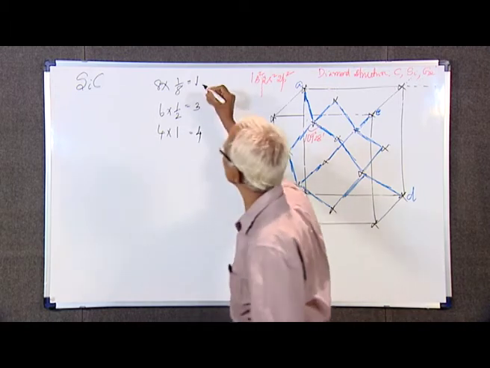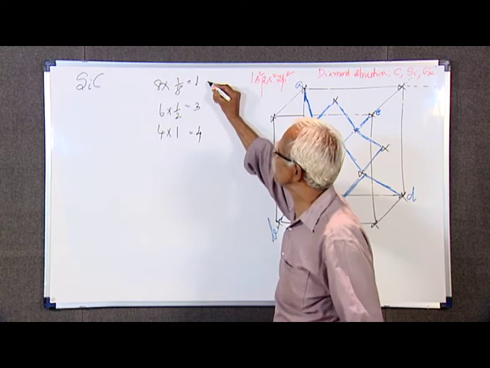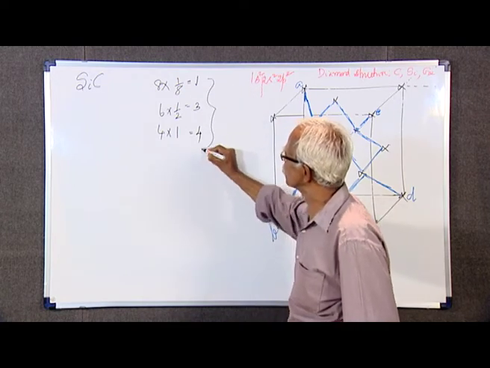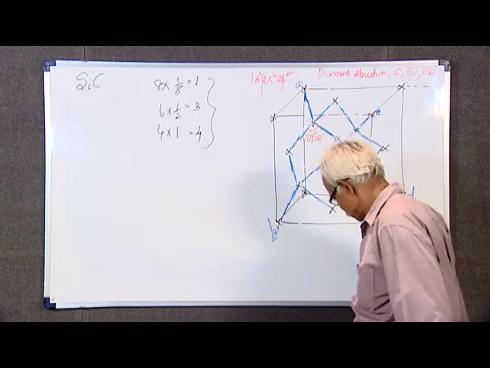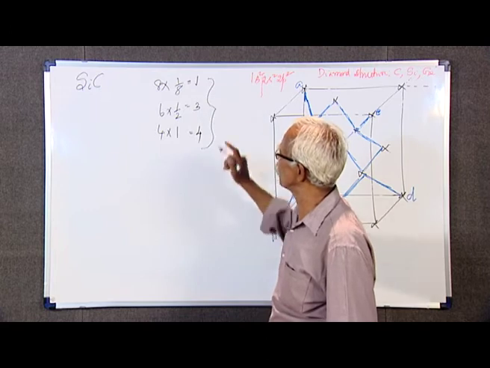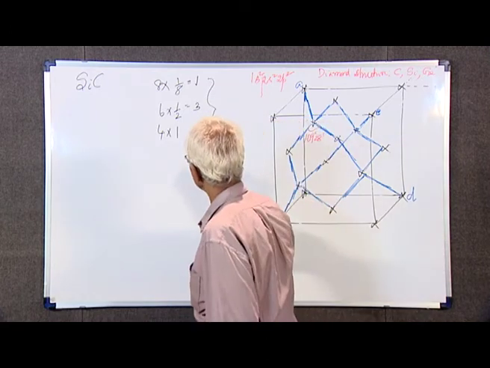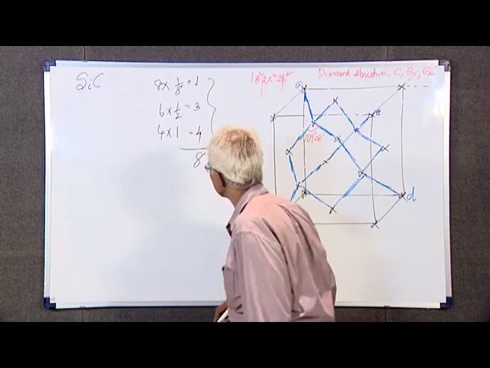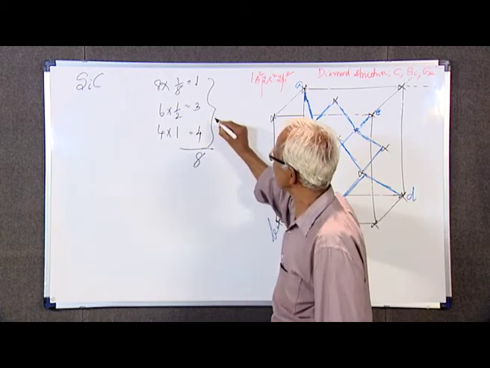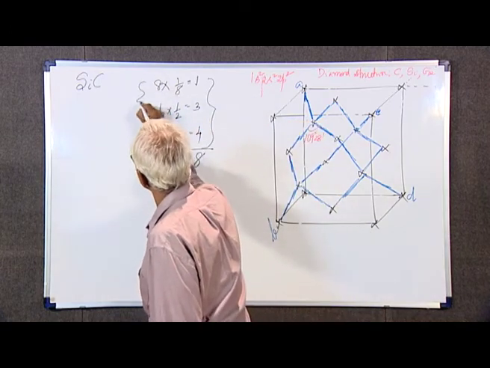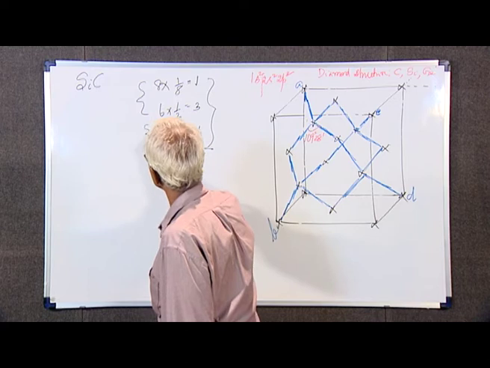So, the effective total number of atoms inside the cube is 1 plus 3 plus 4 equal to 8. You can just pair it like this, 1 plus 3 on one side, another 4.